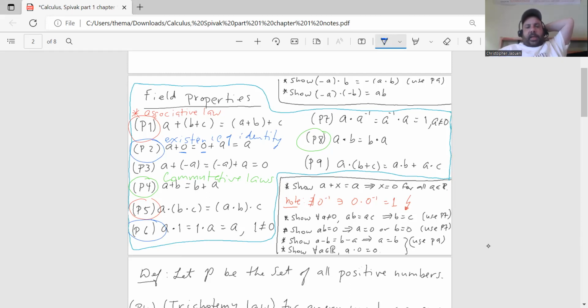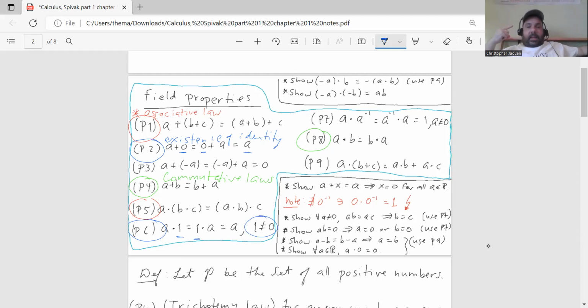It's called that because when you add 0 to any number, it doesn't change the number. So any real number plus 0 is still that real number. And there's also a multiplicative identity, but it's a different number. It's 1. And notice that he does make a note on the side that 1 is different than 0.